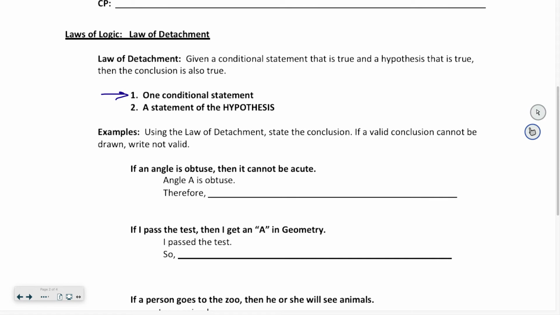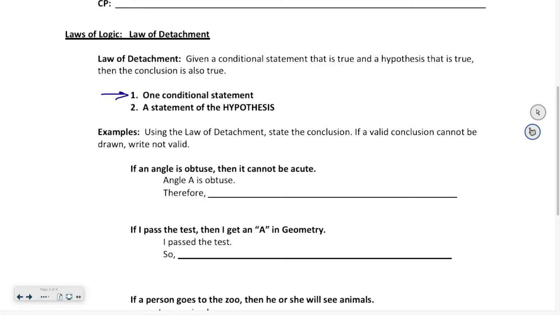That's how you're going to know it's the law of detachment. The law of detachment says, given a conditional statement that is true and a hypothesis that is true, then the conclusion is also true.